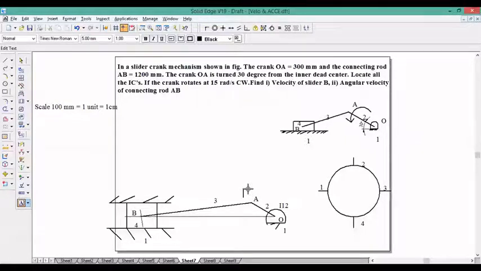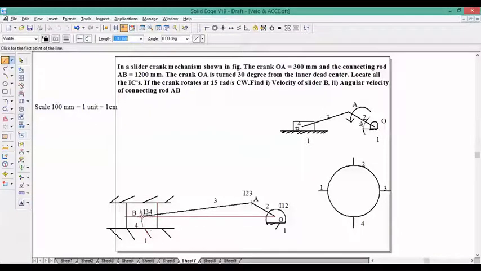Then I23 will be at point A, which is a permanent instantaneous center, and I34 will be at point B. So 3 instantaneous centers we found.